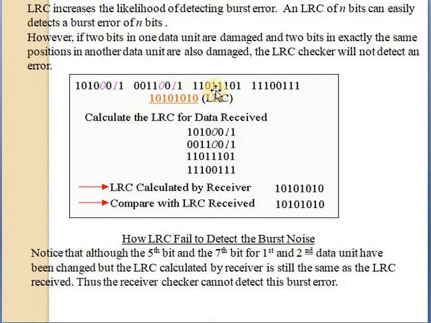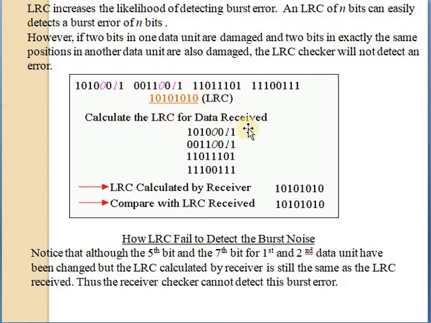The next frame is 1 1 0 1 1 1 0 1 1 1 1 0 0 1 1 1 1, and the LRC is 1 0 1 0 1 0 1 0. This is the original data, and here 2 bits are changed, and this is the LRC.